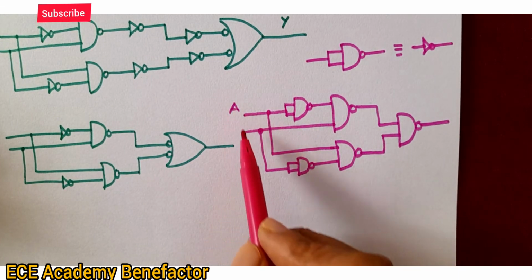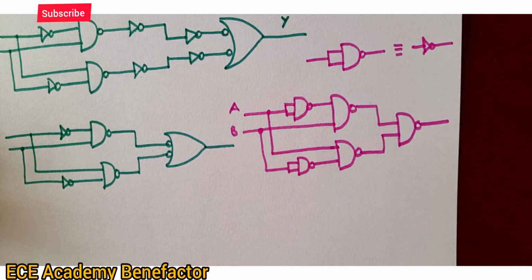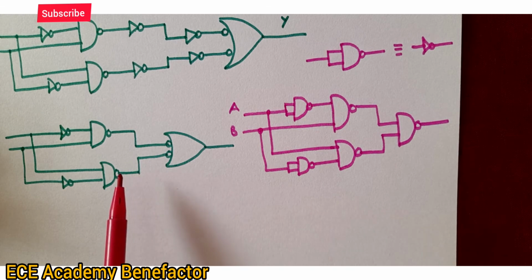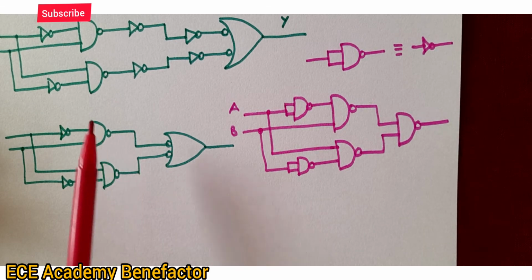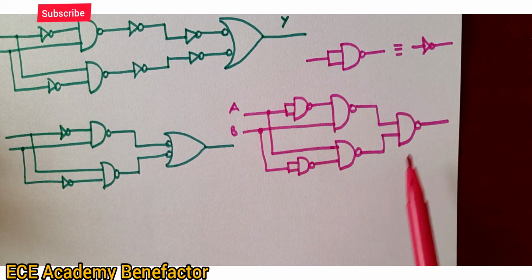Okay, A, B. So we are able to draw the XOR gate using NAND gates only.